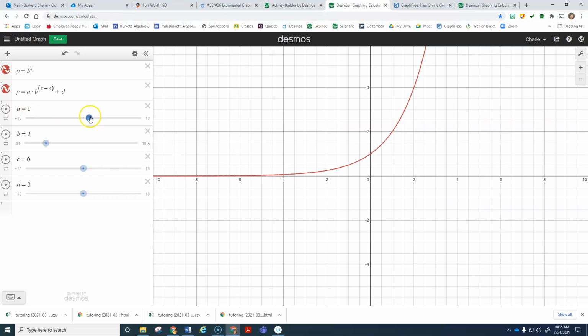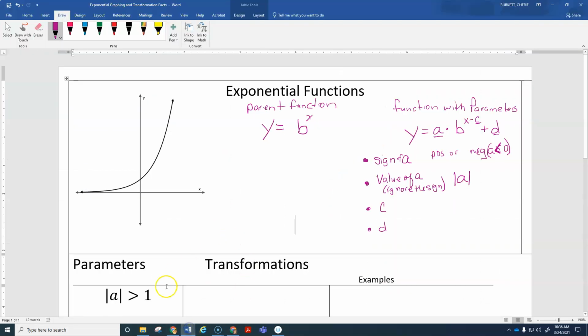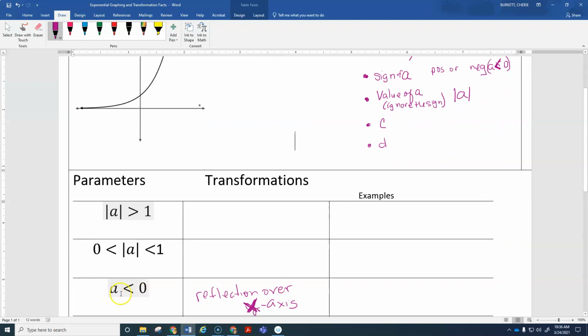When A becomes a negative number, you see it started off up here, but now that I've made A negative, it's caused it to flip down. So this notation, A is less than 0, is the notation I'm using to say, hey, if A is negative, I'm reflecting over the x-axis.